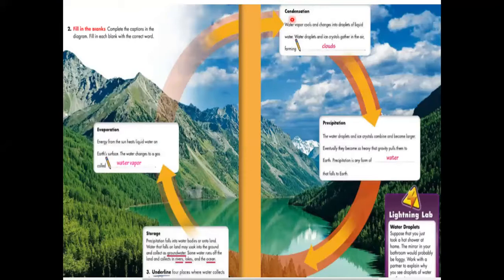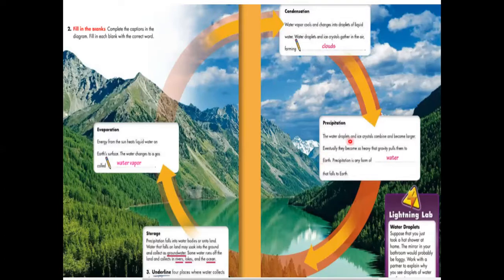Condensation. Water vapor, as I told you, cools and changes into droplets of liquid water. Water droplets and ice crystals gather in the air, forming clouds. All the water droplets and ice crystals gather together, as you see in the video, forming the clouds.